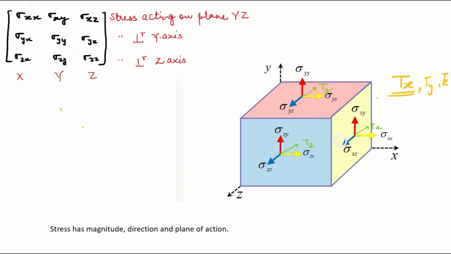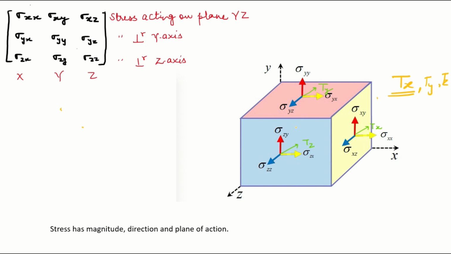Now the question arises: if you look at sigma XX, sigma YX and sigma ZX, all these 3 components are in the same direction, along the x-axis. So you might think, can we combine these 3? That means, can we add these 3?